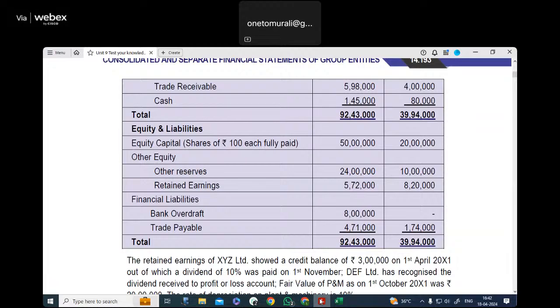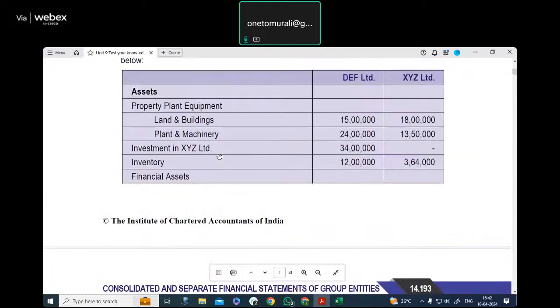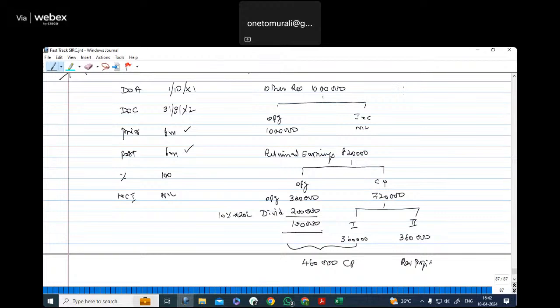So for plant and machinery, they have something to say. The fair value of plant and machinery on that date is 20 lakhs. Plant and machinery on the closing date is 13 lakhs and 50,000. So this may be 90% WDV. Opening would be 100% WDV, which would be 15 lakhs. Why?